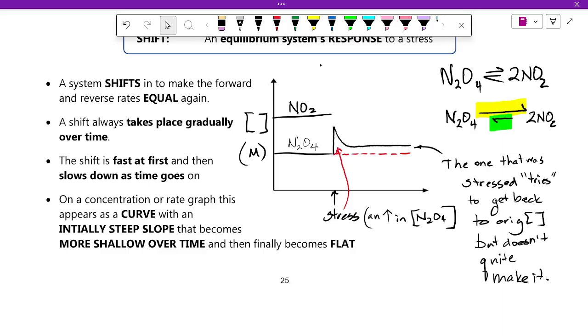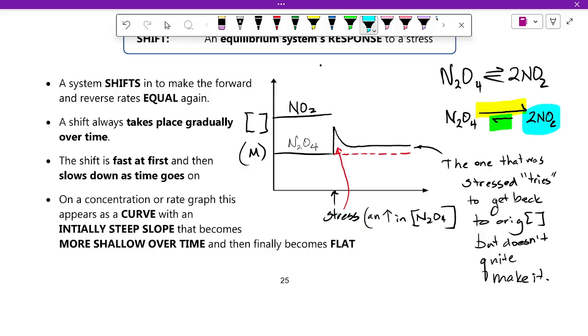What will happen to the concentration of NO2? Is it going to go up or down or stay the same? Are we creating more of it? Are we using it up, or is it staying the same? We are creating more of it because that yellow forward arrow is bigger than the backwards arrow.